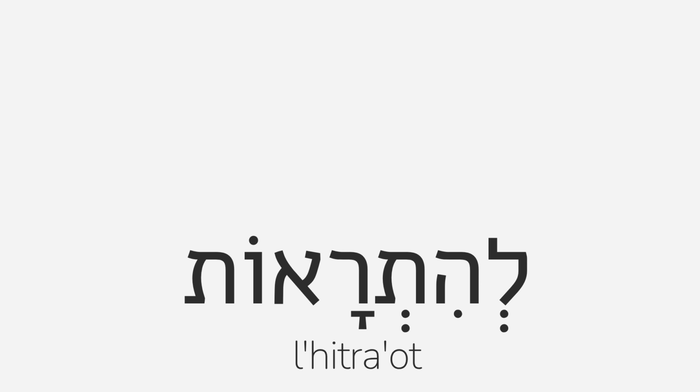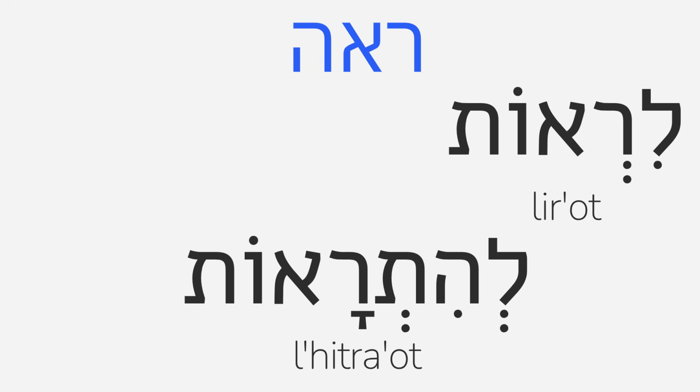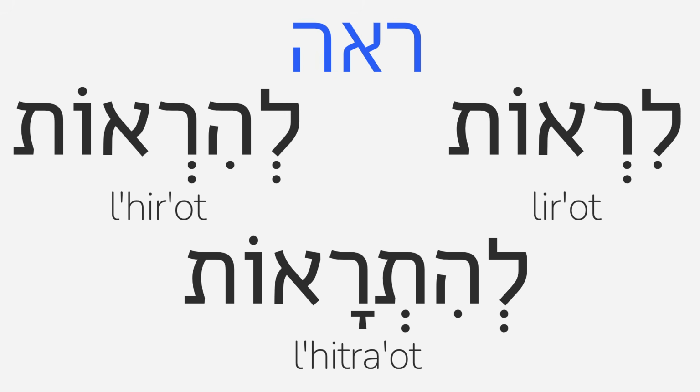This irregularity with the ot ending happens with the infinitive of every binyan whose third root letter is hey. The kal lir'ot, the hifil lehar'ot, and here the Hitpael lehitra'ot. In fact, all the tenses of roots whose third root letter is hey have basically the same irregularities in all binyanim.